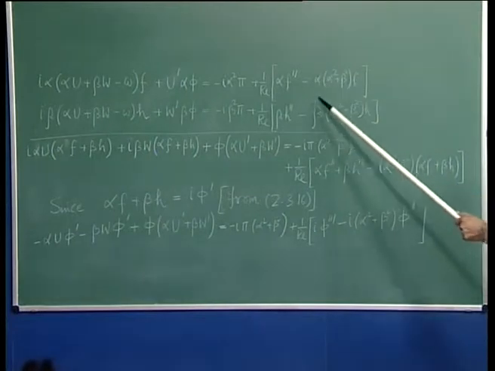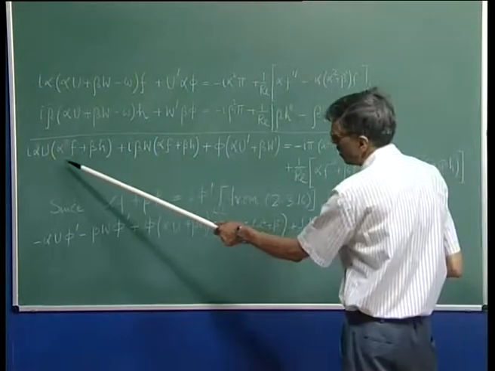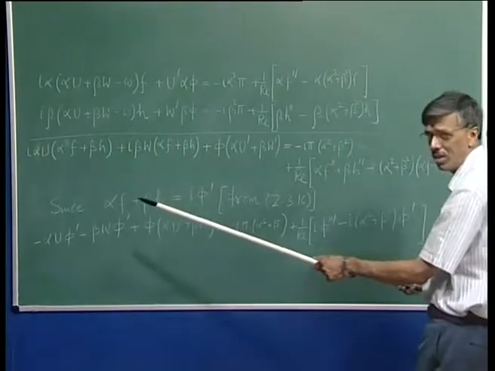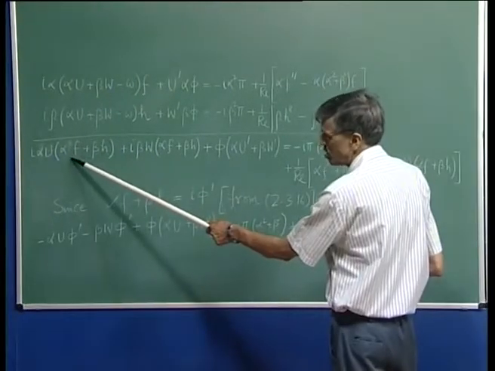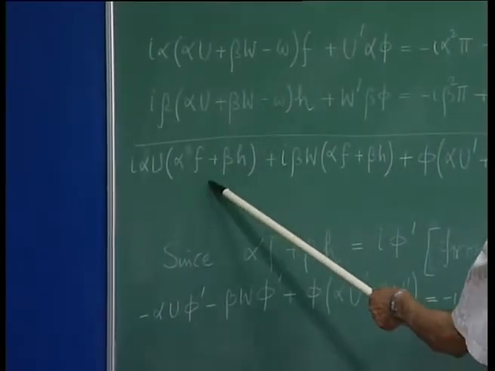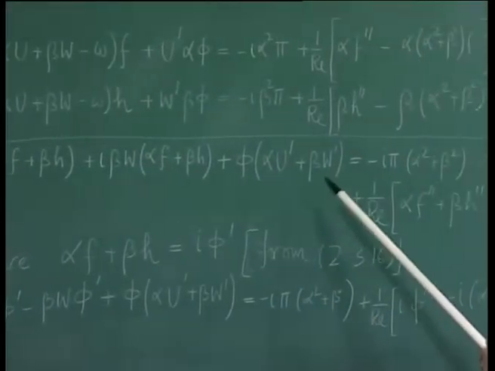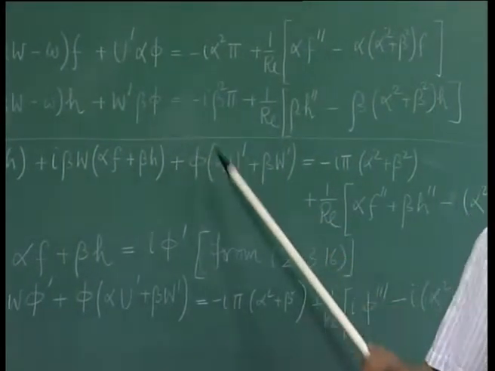If we add this to the equation above, then we can see the following combination emerges naturally. There is a combination of alpha f plus beta h in this part. Here we see another part, and this of course is directly related to phi.